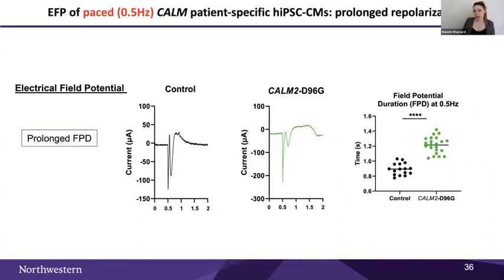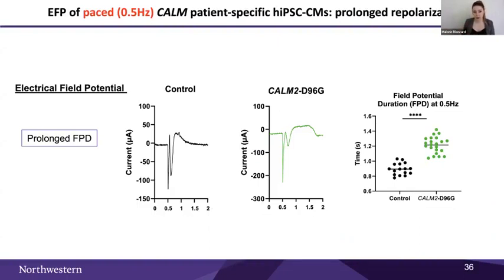Something I also said is that you can use optical and electrical pacing. So here's the electrical pacing that we are using. We've used 0.5 hertz. Usually you would do 1. It's just that the phenotype is so strong that if we try to pace at 1 hertz, the cells will not catch, even if we leave them for 5 hours.